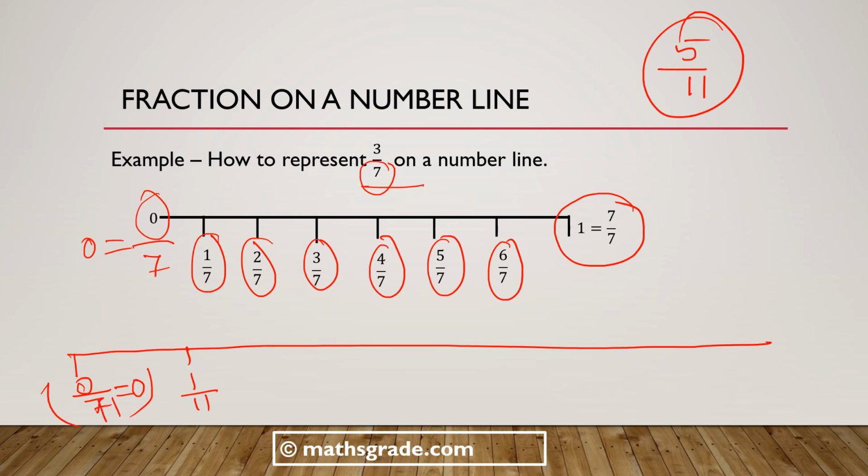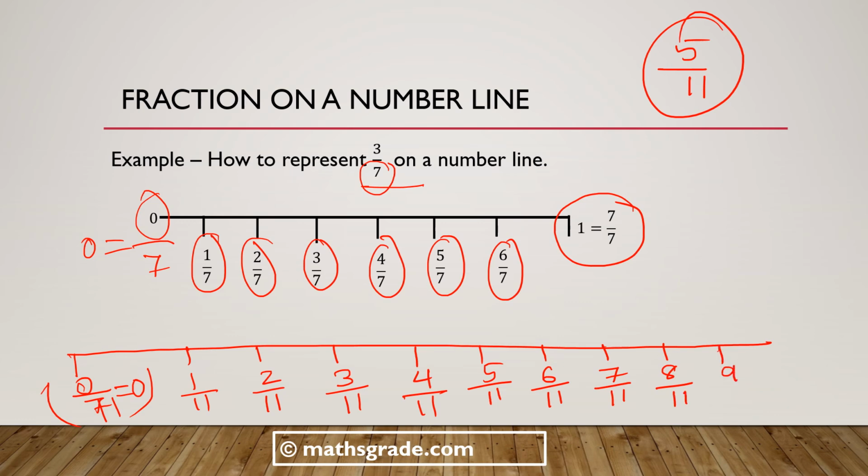0 divided by 11, 1 divided by 11, 2 divided by 11, then this one 3 divided by 11, 4 divided by 11, 5 divided by 11, 6 divided by 11, 7 divided by 11, 8 divided by 11, 9 divided by 11, 10 divided by 11, and this one is 11 divided by 11, which is equal to 1. 11 divided by 11 is 1.